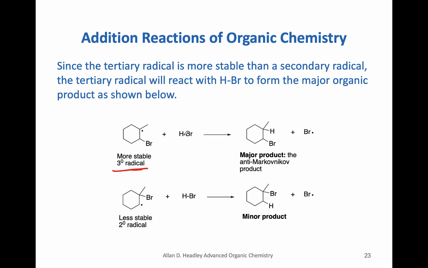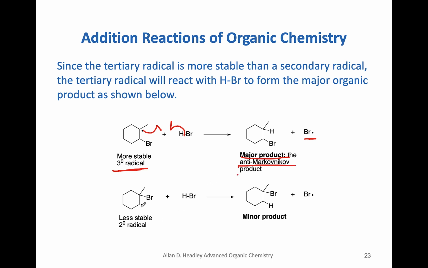As you can imagine here, we have one electron coming out, this electron coming out to form this bond here, and a bromine radical. And notice that this is the more stable radical, and this would be the major product, and it's also the anti-Markovnikov product.